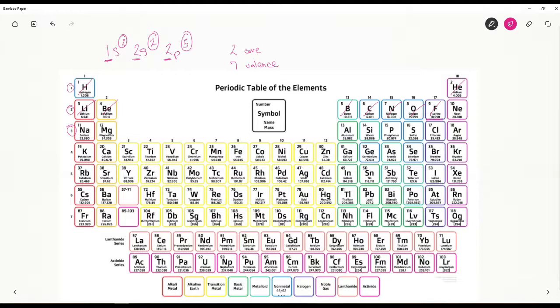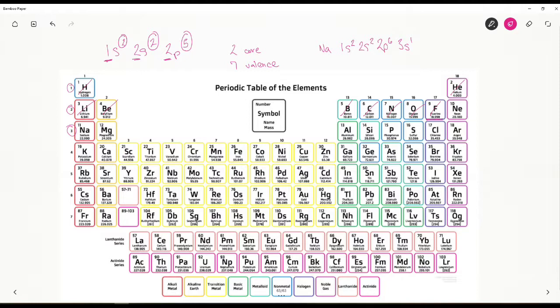Let's take a look at sodium. Again, I'm going to write out the whole electron configuration. I am not going to use the noble gas shortcut. 1s2, 2s2, 2p6, 3s1.